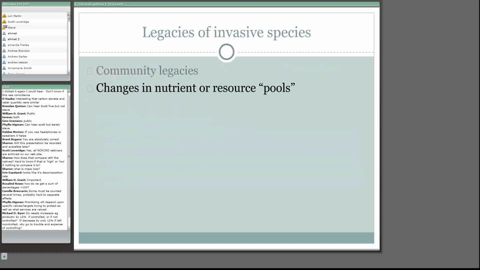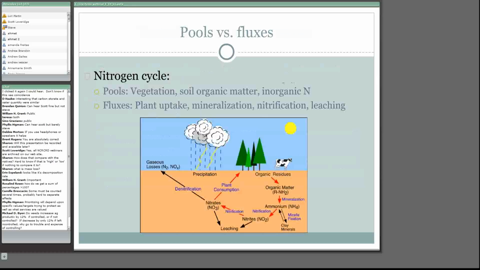So talking about some of these things, changes in nutrient pools, the nitrogen cycle, is one that invasive plants affect. The difference between pools and fluxes is an interesting topic. Plants change fluxes, and they also contribute to the pools.